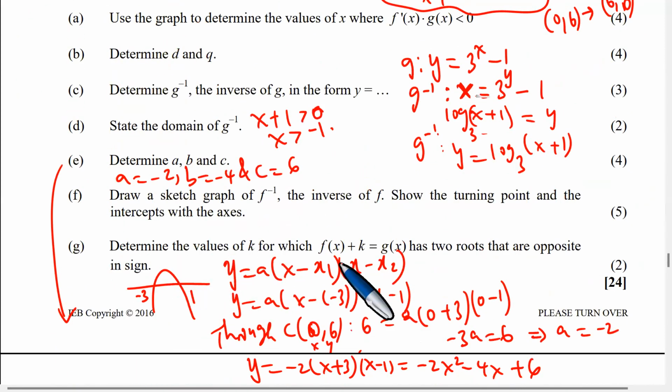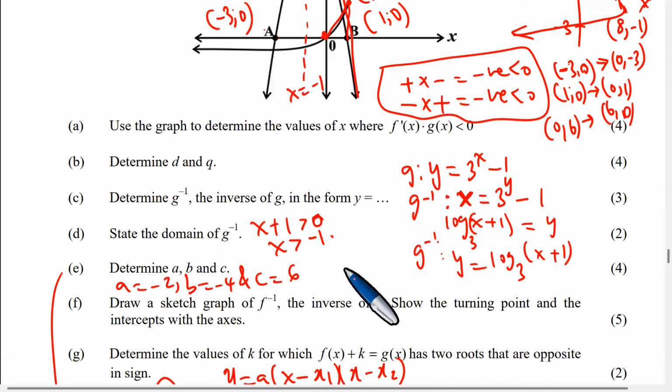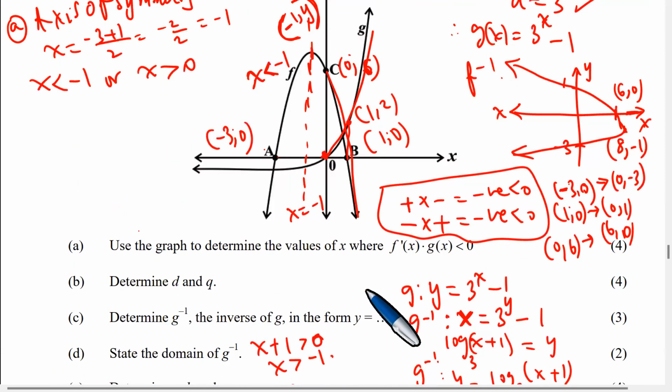Determine the values of k for which f of x plus k is equal to g of x has two roots that are opposite in sign. So you're looking at f of x plus k equals g of x.